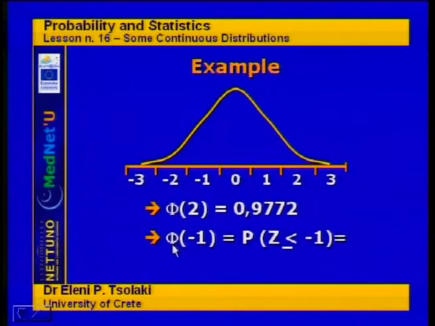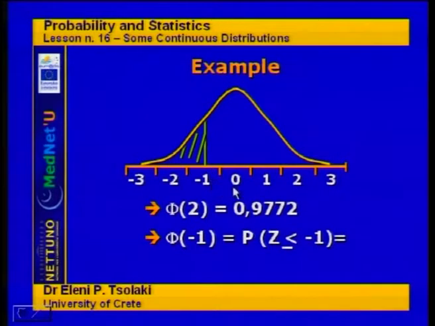The tables show for positive numbers of z. So in order to calculate this probability here, we need to note that the area under the curve that we want to calculate is this area here. We want z to be less or equal to minus 1.